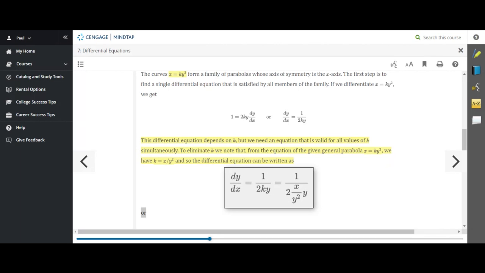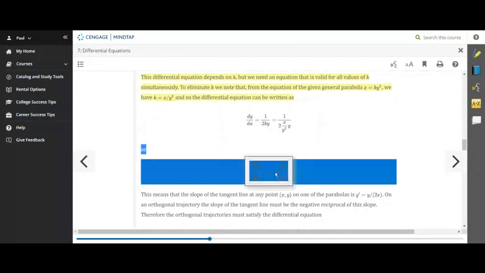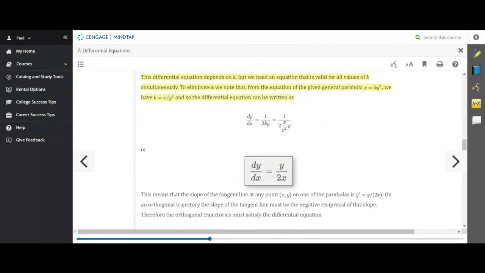And this is going to then give us dy/dx equals y divided by 2x, right? That's what we're going to get.